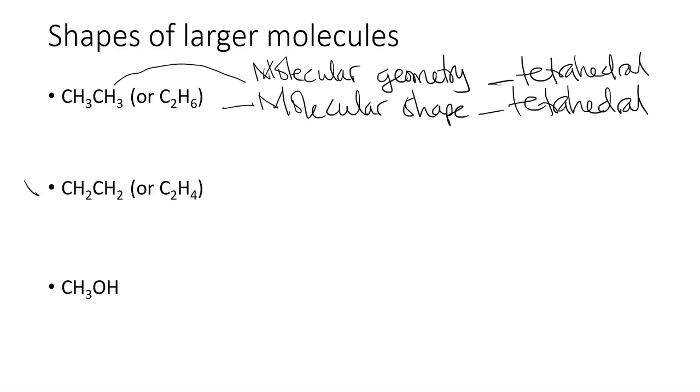Now let's look at this one. This one also has central atoms, which are carbon, carbon, and each central atom has two hydrogens. But usually carbon must form four chemical bonds.